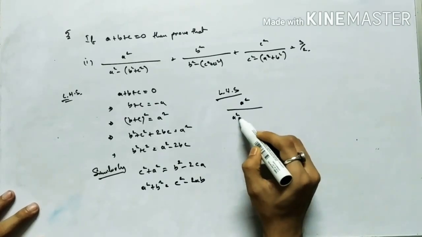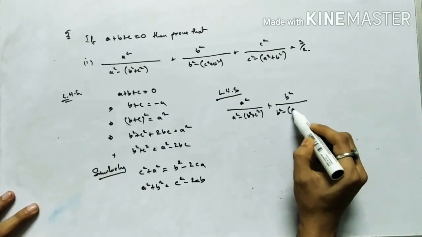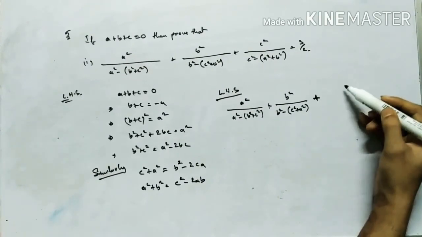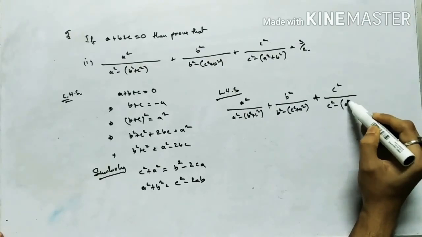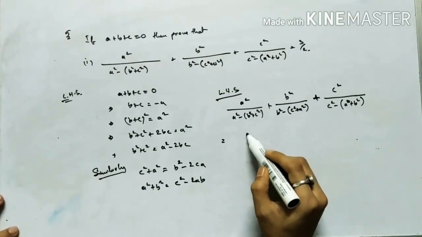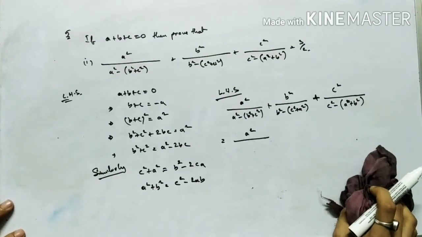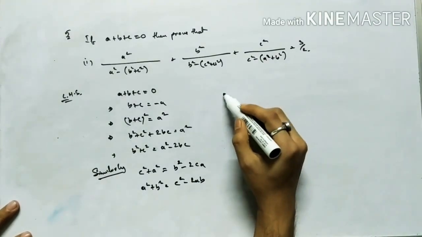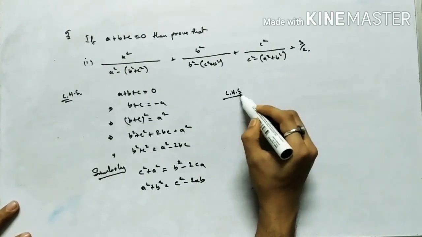a square by a square minus b square plus c square, plus b square by b square minus c square plus a square, plus c square by c square minus a square plus b square. Okay, so now in here I will take the LHS.